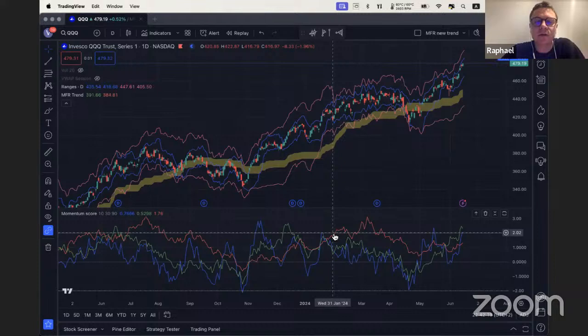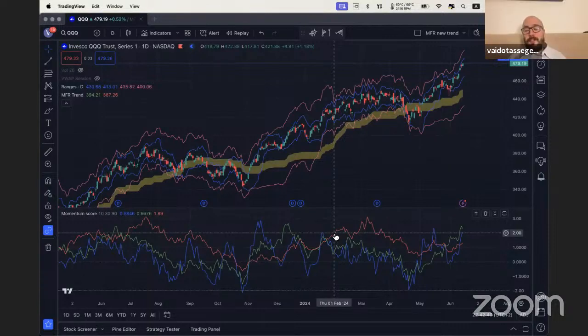Let's say by luck you timed the top. Would you say that it's a good idea to wait for at least the red line to finish pointing down before you initiate a new position in QQQ?